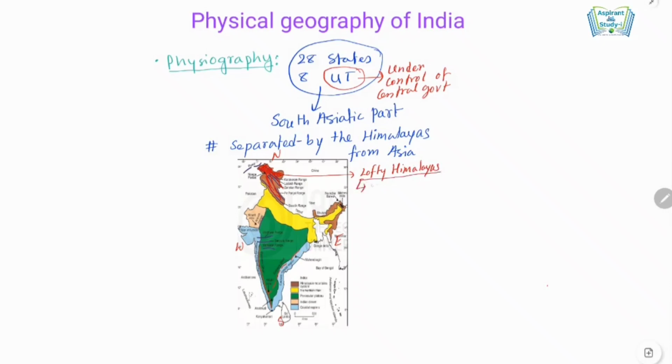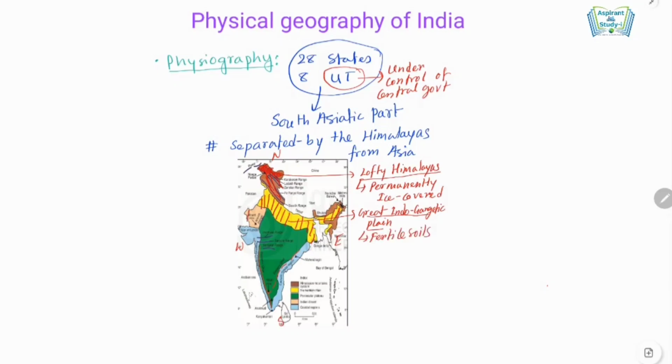Which parts are permanently ice covered? The southern part of the Himalayas is the Great Indo-Gangetic Plain, which is well known for fertile soils.